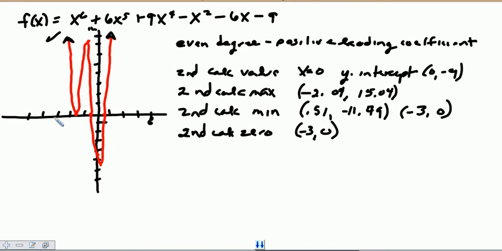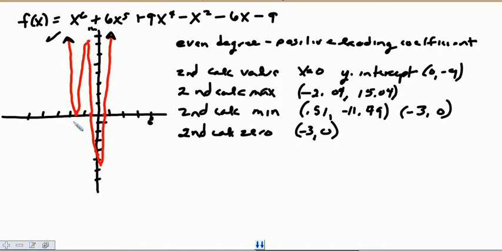This is bouncing off my x-axis here. We learned something about that when we were talking about polynomials. If you had a bounce off the x-axis, you know that a factor occurs multiple times. So this particular factor has an even multiplicity. We'll come back to that in a minute.